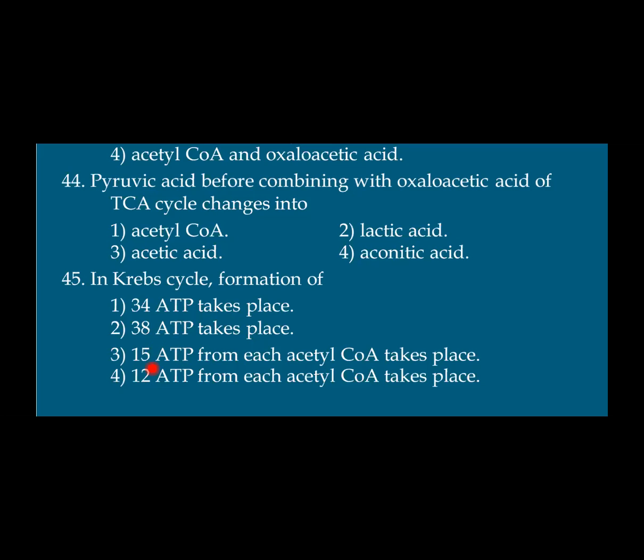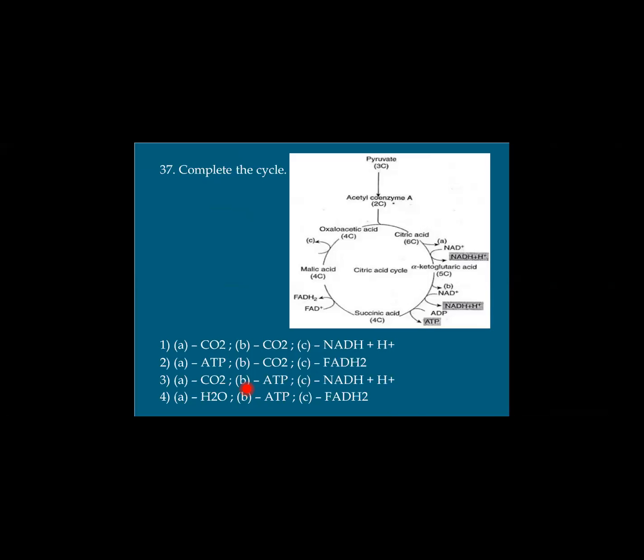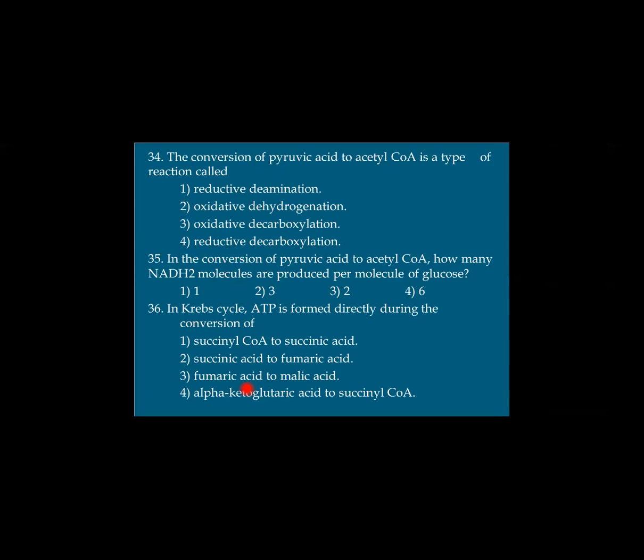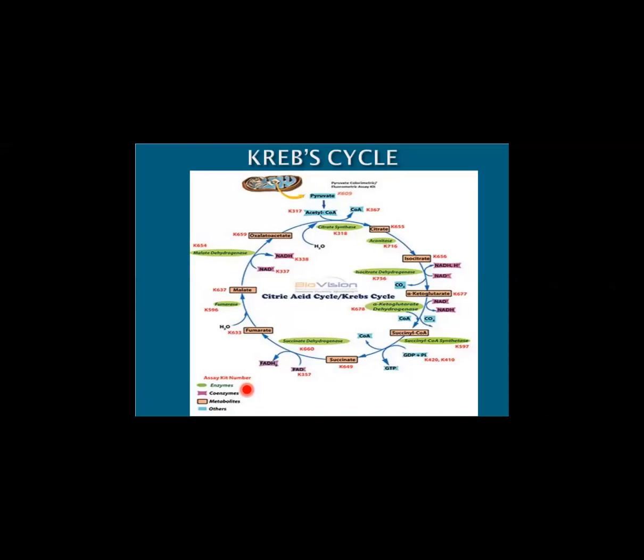Now let us go to option 3. 15 ATPs from each acetyl-CoA. So now you have to calculate, children. 1 acetyl-CoA gives us how many ATPs? So one cycle, that means one round of Krebs cycle, you have to understand. If you just see the diagram, in one round of Krebs cycle, how many NADH will be formed?